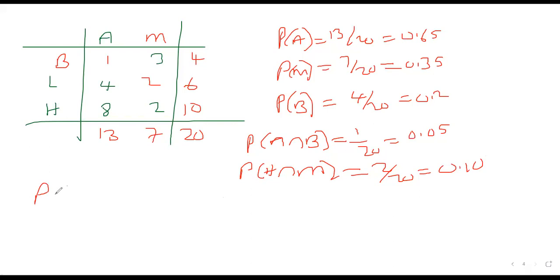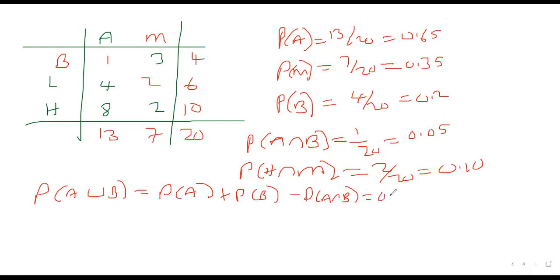So therefore, what is the probability of A union B? According to the formula, it's the probability of A plus the probability of B minus the intersection of A and B. Our A was 0.65, our B was 0.2, and our intersection was 0.05. So the final answer here will be 0.8.